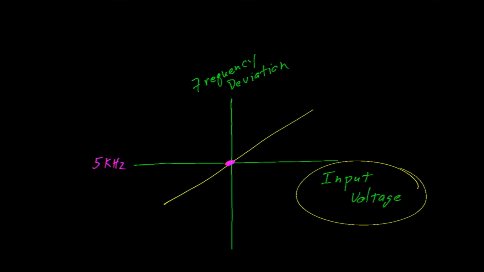As we start to add input voltage, we move in the horizontal, which means the output frequency might go up to, perhaps this point here, or maybe down to this point here. Let this be 1 volt. Let this be negative 1 volts. And our frequency might go up to 6 kilohertz or down to 4 kilohertz.